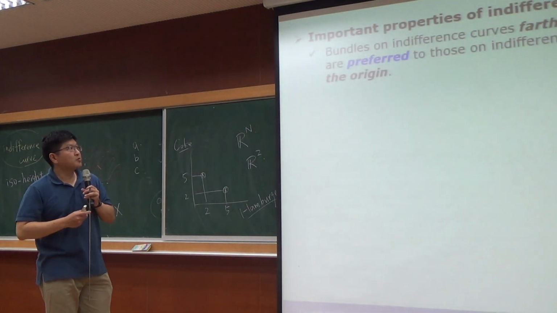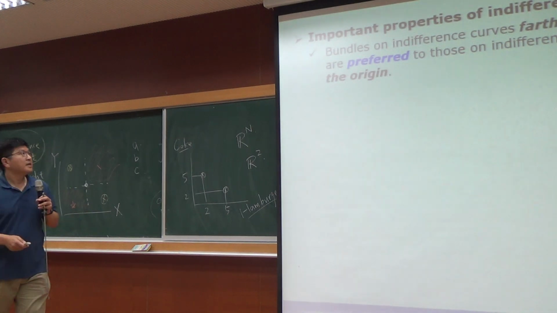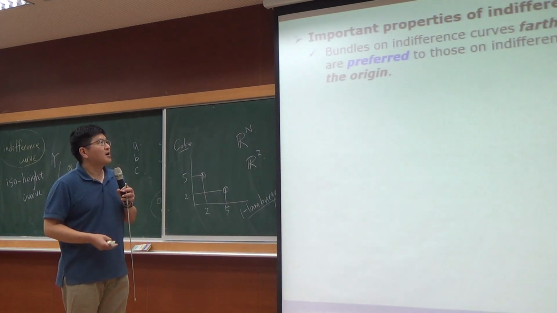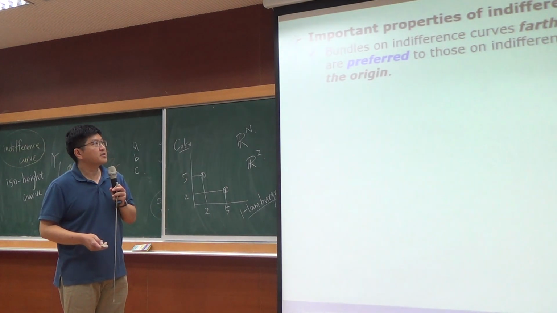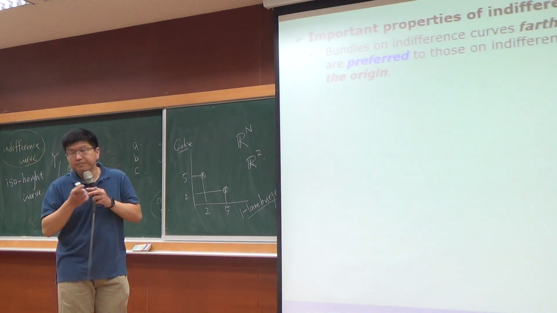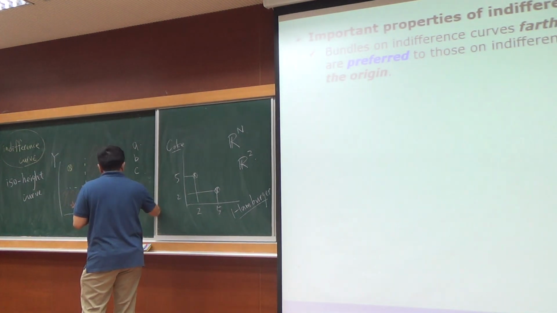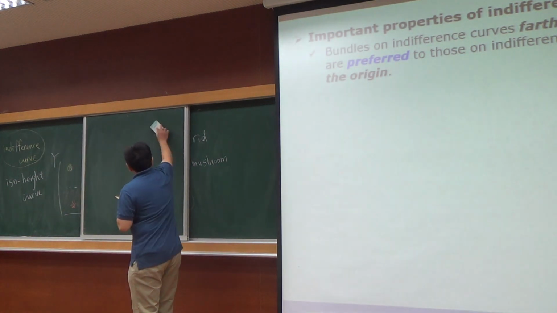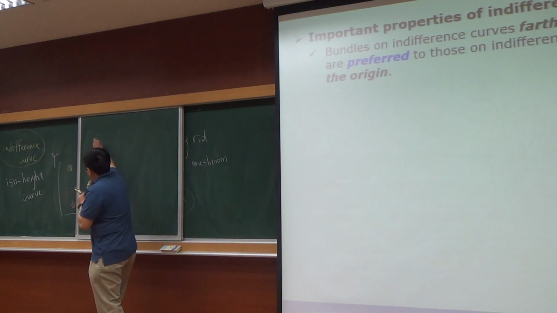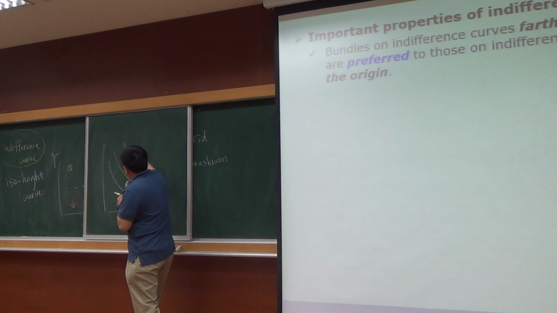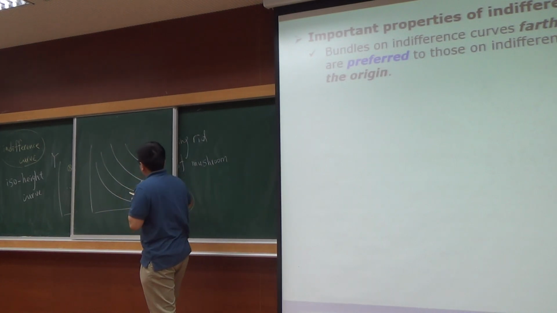So we have some important properties of indifference curves. Bundles on indifference curves farther from the origin are preferred to those on indifference curves closer to the origin. What does it mean? Okay, one by one here. So now indifference curves are negative sloping. We have one indifference curve, another, and the third, fourth, fifth.